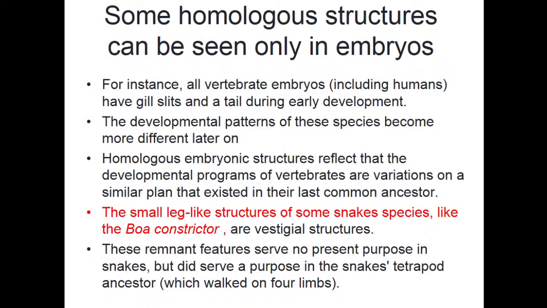Some homologous structures can be seen only in embryos. For instance, all vertebrate embryos, including humans, have gill slits and a tail during early development. The development patterns of these species become more different later on. Homologous embryonic structures reflect that the development programs of vertebrates are variations on a similar plan that existed in their last common ancestor.